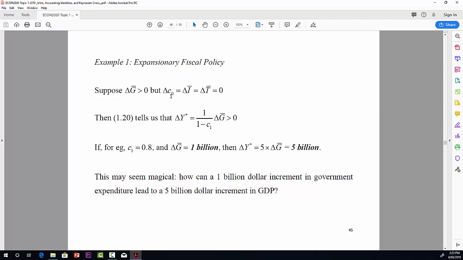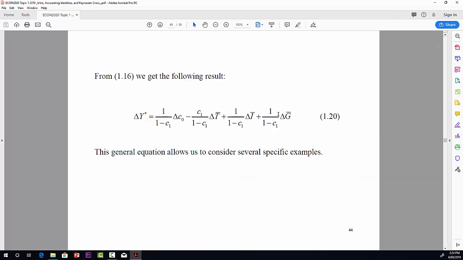So change in C0 is equal to 0, change in I bar is equal to 0, change in T bar is equal to 0. Let's go back and look at that equation we had before. We're setting this equal to 0, this equal to 0, and this equal to 0. So all these terms are going to be 0, and we're left only with 1 over 1 minus C1 times change in G bar, which is the equation we're going to look at here.